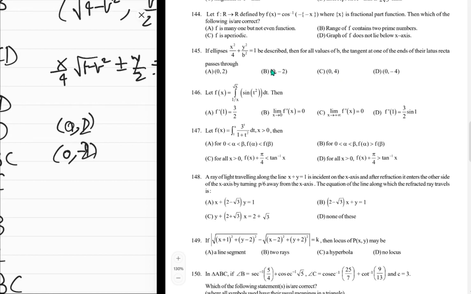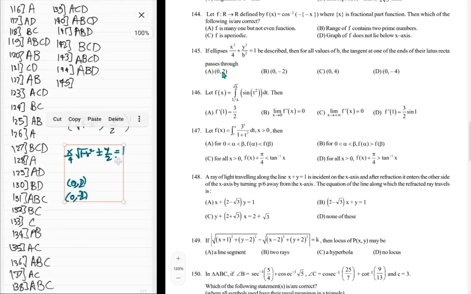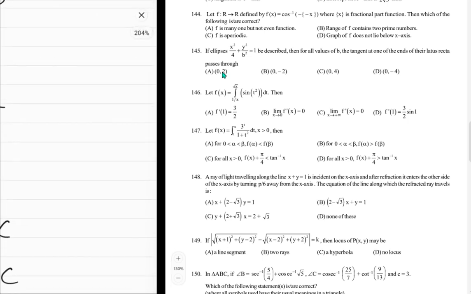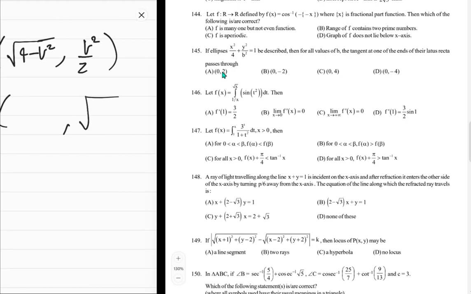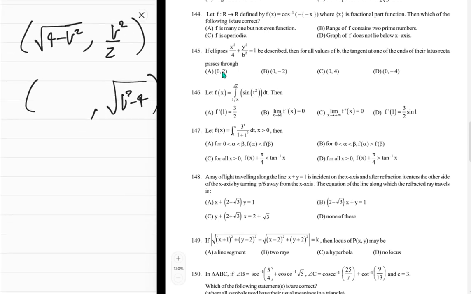So अगर b squared 4 से बड़ा होता है, that is फोकस चेंज हो गए होते, and that would not make sense actually. Still अगर b squared बड़ा है, then the thing would be कि तुम्हारा y coordinate जो होता है, that would be the square root of b squared minus 4, and then of course जो तुम्हारा लेंथ रहती latus rectum again, just 2b squared upon a, 2 times 4 in this case.